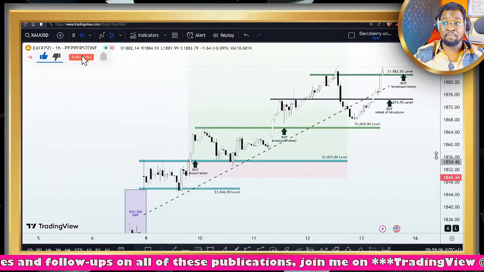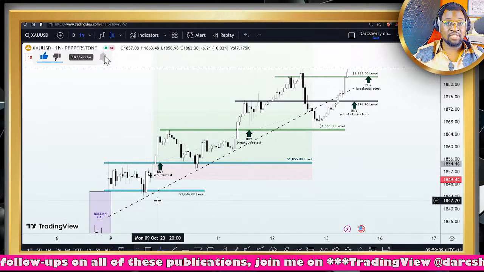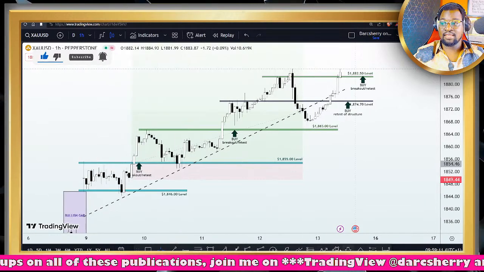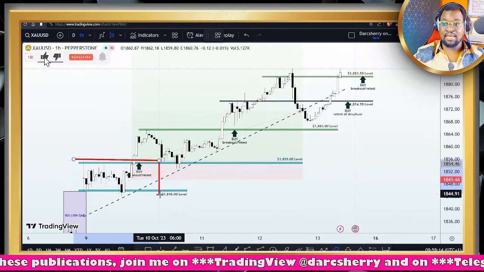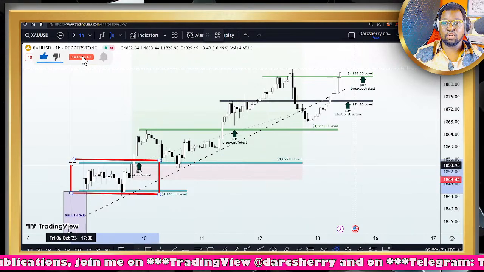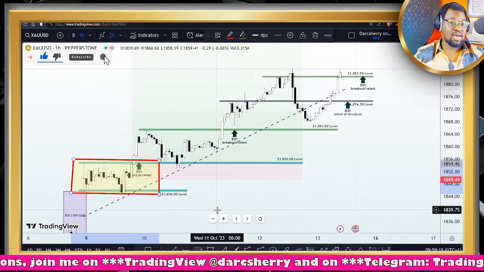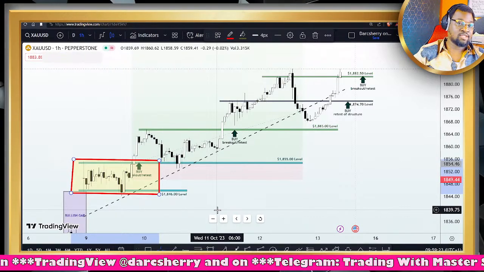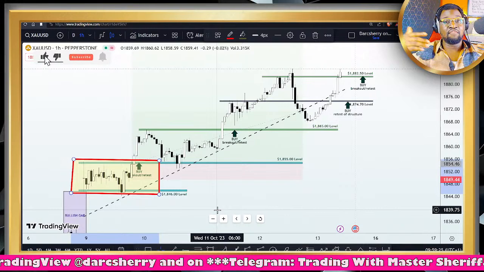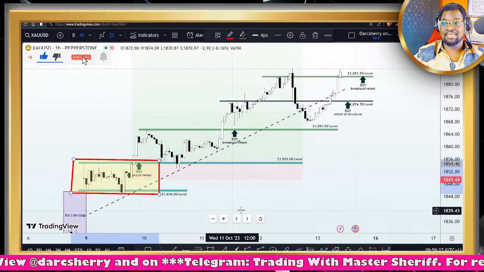Remember, we have been buying this asset since Monday's trading session after this consolidation phase we witnessed here at the beginning of the week, where price was confined within the 1,855 level and the 1,846 area before we had the breakout of the resistance line.